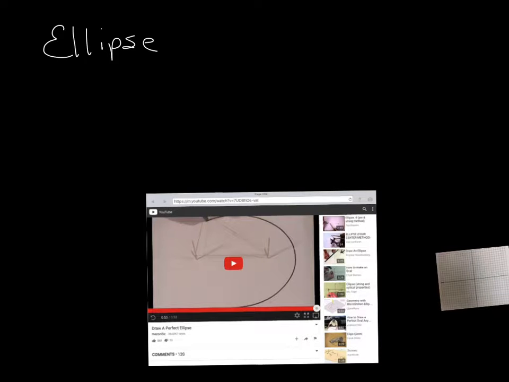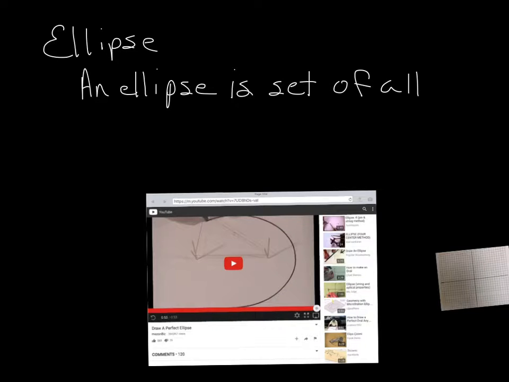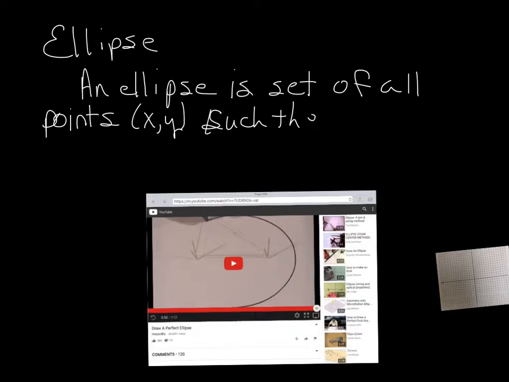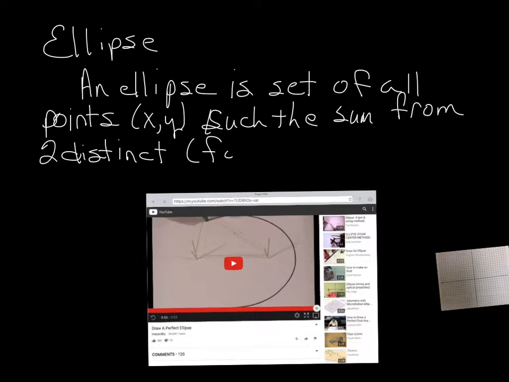But by definition of the collection of points, an ellipse is the set of all points x, y such that the sum from two distinct points, and those two distinct points are called foci, plural for focus, is constant.